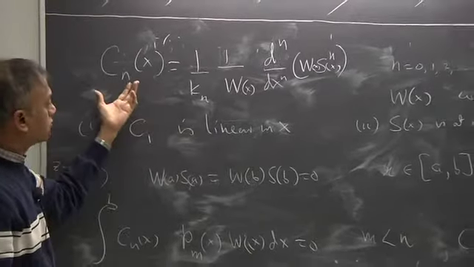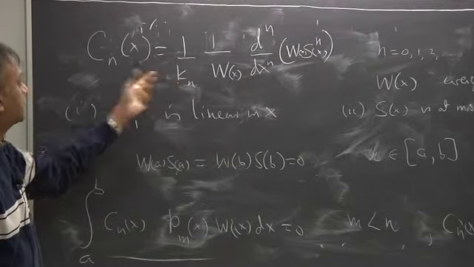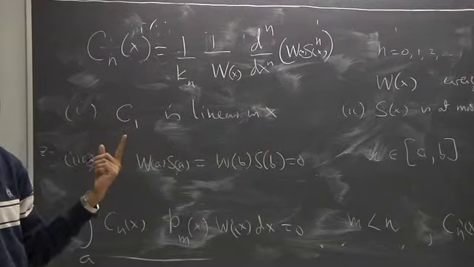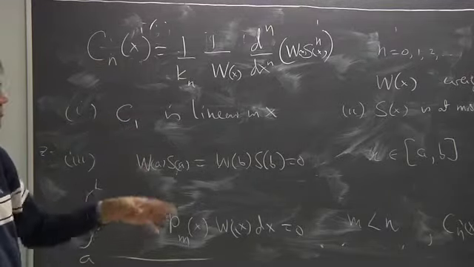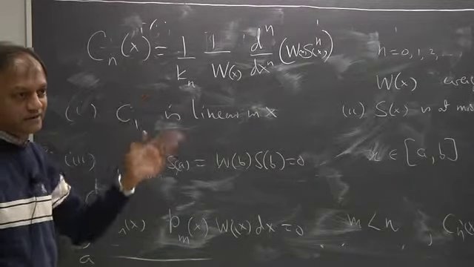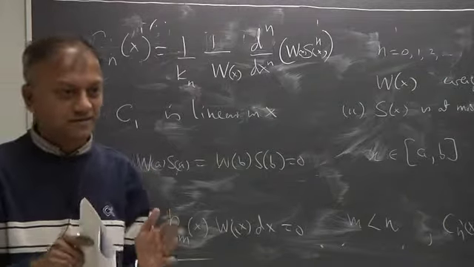If you want to make it orthonormal, then this constant should be chosen such that the integral of C_n squared times w is 1. But normally in the literature, these are not normalized to 1.